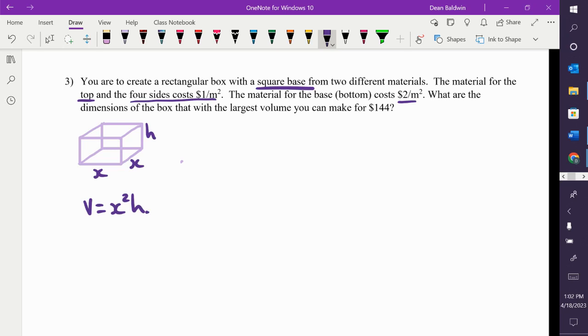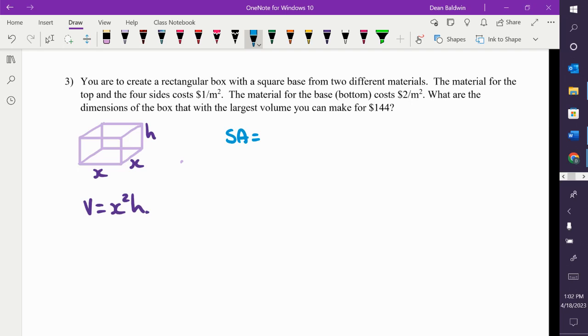Now, let's look at surface area, because surface area has units of squares. So we need to figure out the surface area of this. We have to go through this step by step because there are different costs associated with it. But we know that all four sides have the same cost.